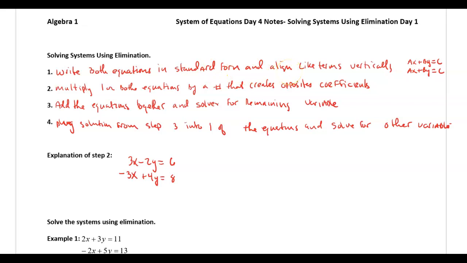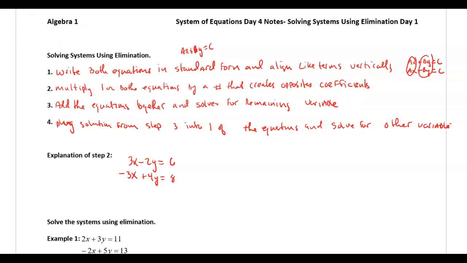And standard form is just ax plus by equals your constant, and align the like terms vertically. So we want to make sure the x's and the y's are aligned vertically. Then what you're going to do is multiply one or both equations by a number that creates opposite coefficients.